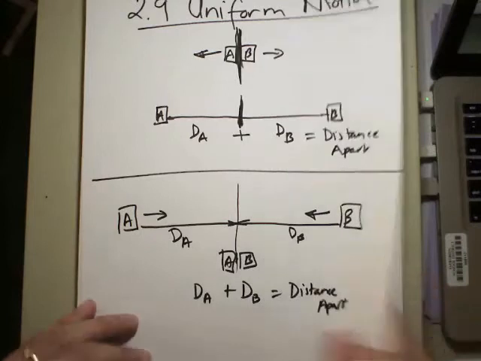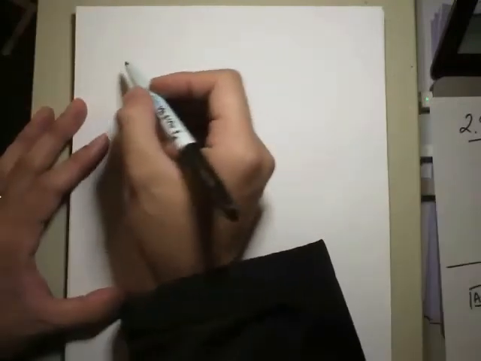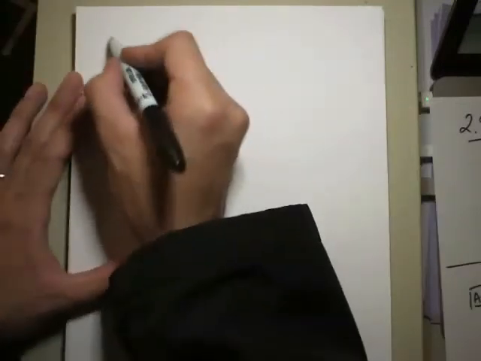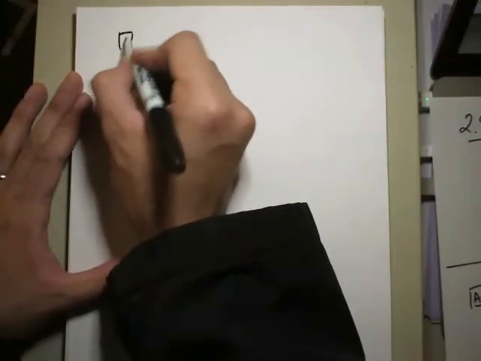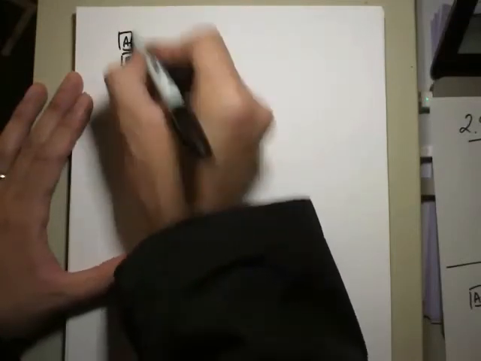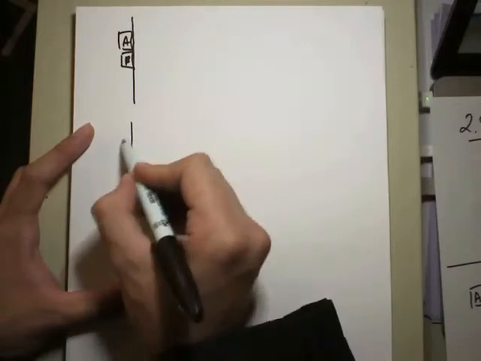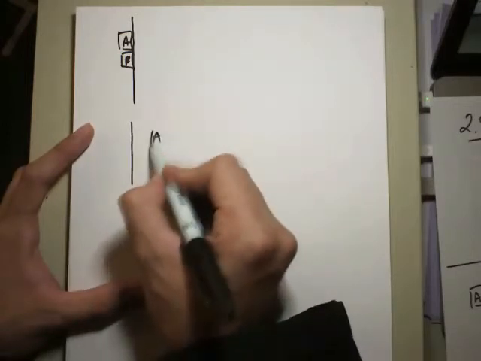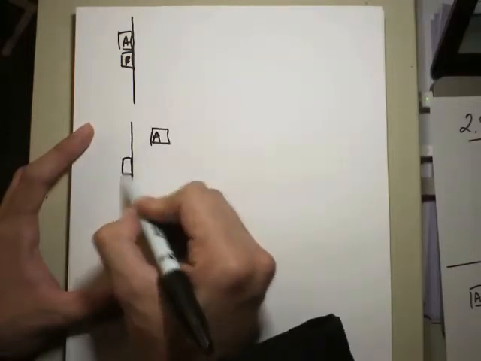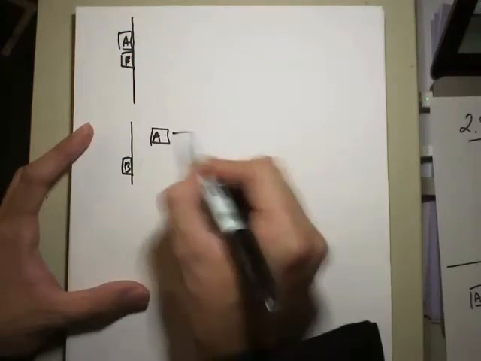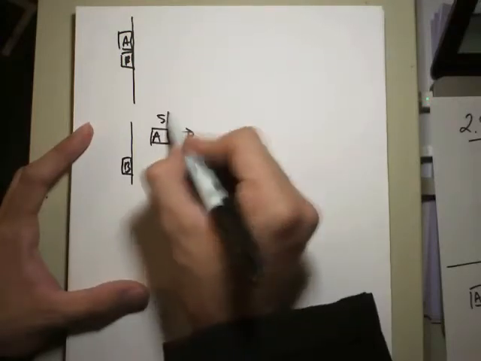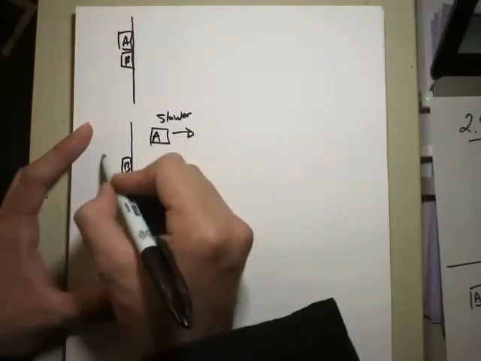Okay. Now another scenario that I want to talk about, and this is most likely something that you will see, is the chasing scenario, where object A and object B are at the same starting point. Let's say object A gets to go first, while object B waits behind the starting point, because object A travels slower and object B is traveling faster.